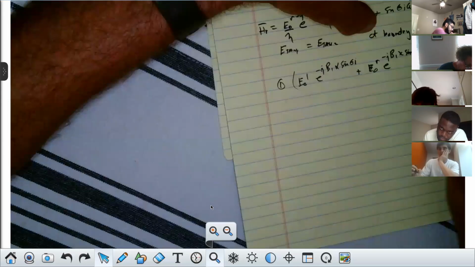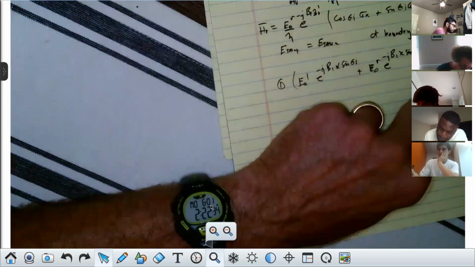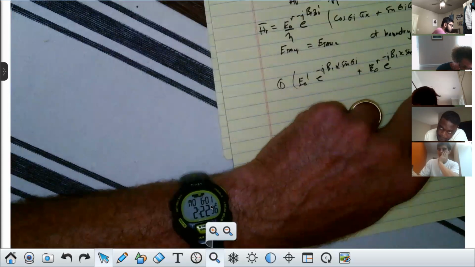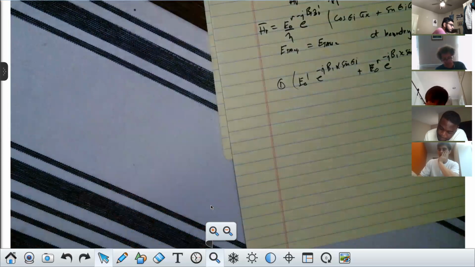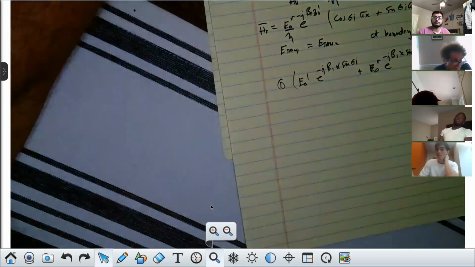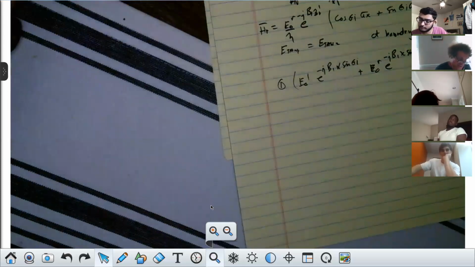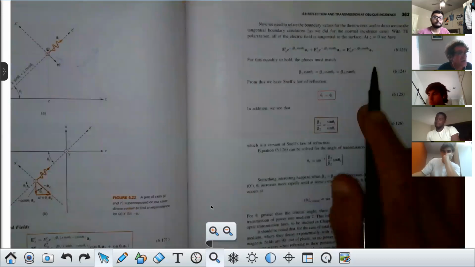And that's equal to E naught transmitted, e to the minus j beta 2 times x sine of theta transmitted. Now, the only thing I've done here is set the tangent component of the E field on either side of the boundary Z equals 0 equal to each other. And in Wentworth's book, it's equation 6.123. So his book does it a little neater than me. Can you all see that in your book, guys?